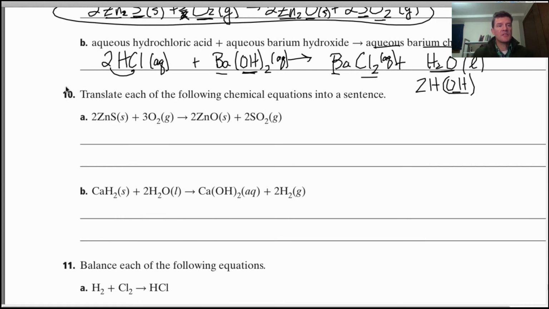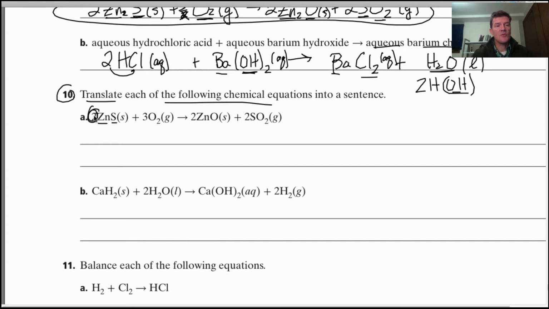Alright, number 10 says translate each of the following. Now I'm going to say this in words, and you can write it down. It's going to be pretty extensive, pretty elaborate. We have 2 moles, write these words down, 2 moles of zinc sulfide.